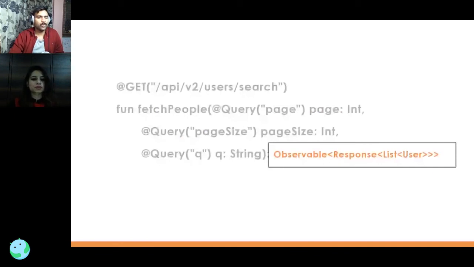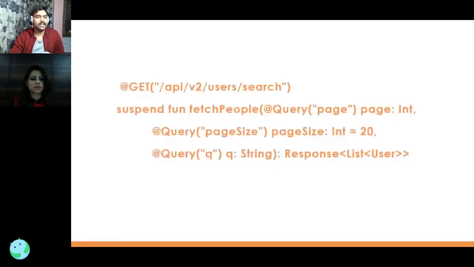Now I am going to migrate this into a Flow return, right? To do that, you first need to remove your observable, and you need to add the suspend keyword here. That's it. You don't have to do much other stuff.